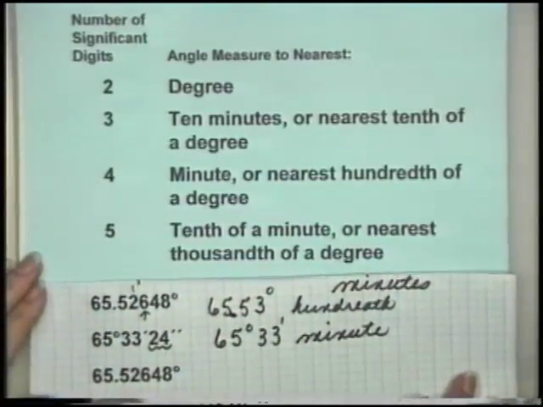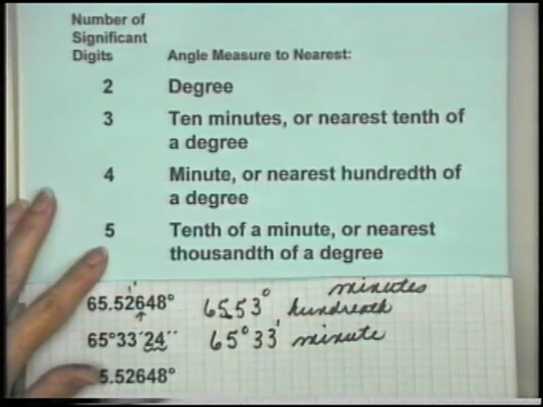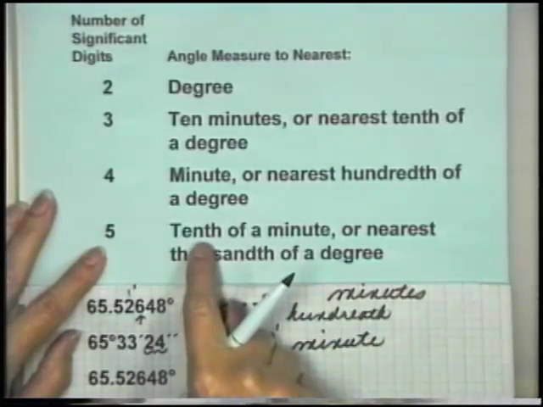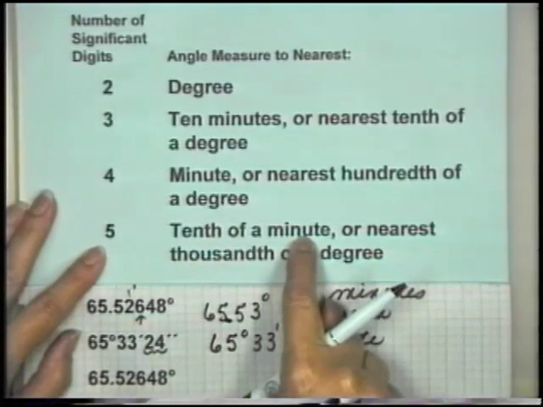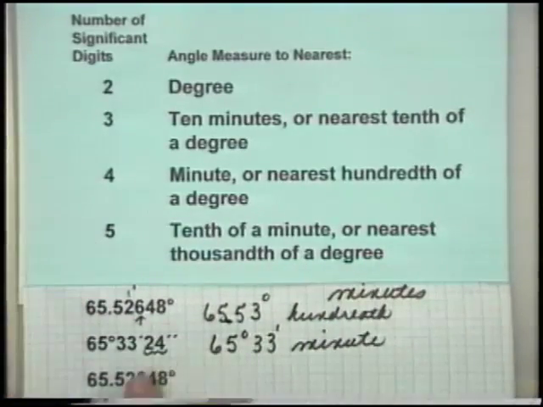Now let's look at this next example, and this doesn't happen very often, but suppose we wanted to round our angle to 5 significant digits, then that would tell us that we would want to round it to the nearest tenth of a minute or the nearest thousandth of a degree.